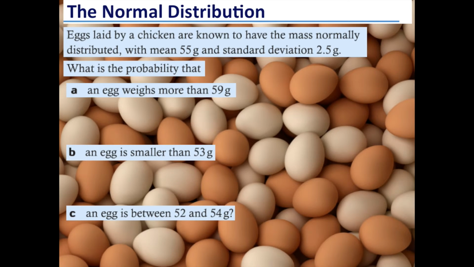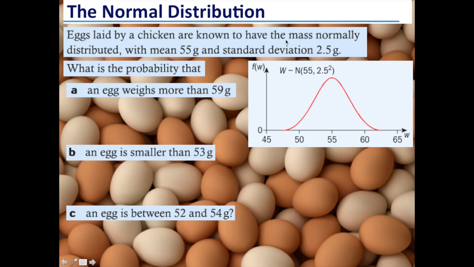Now you can actually use your calculator to calculate probabilities straight from other distributions like this. So we are told up here that it is normally distributed. So we've got a variable here, w, which we can call weight, is normally distributed with a mean of 55 grams and a standard deviation of 2.5.